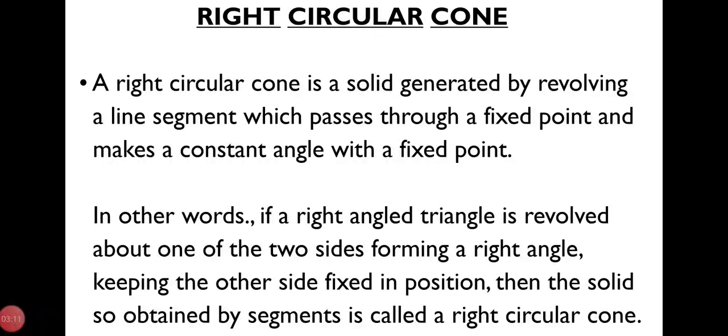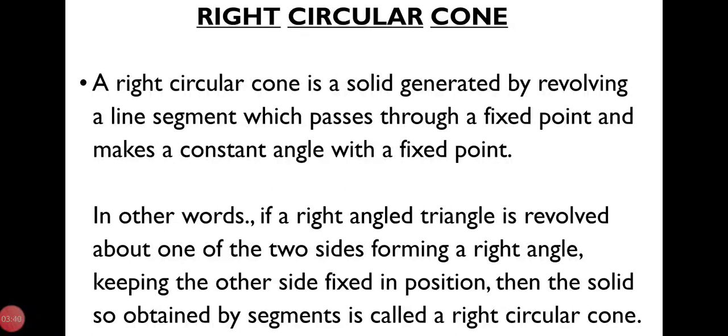Now as you revolve this set square, you will see that on whatever point it is moving, you will always get a right angle, and the shape which is formed by revolving that set square will be circular at the base.